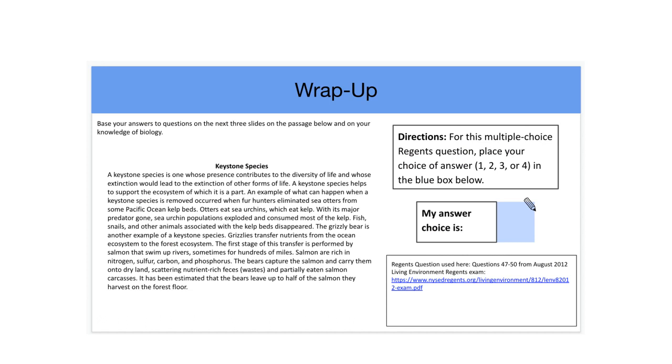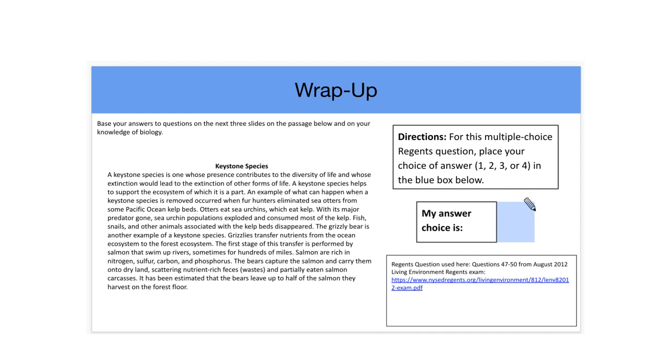You have probably noticed that some of the questions that appear in the Living Environment Regents require you to read a complex text. So today we are going to practice those kinds of questions, and you will see how putting some of these strategies into practice is going to make a difference for you. Let's start.